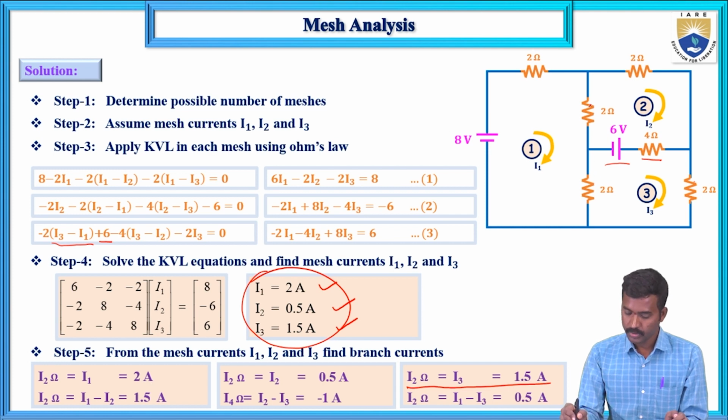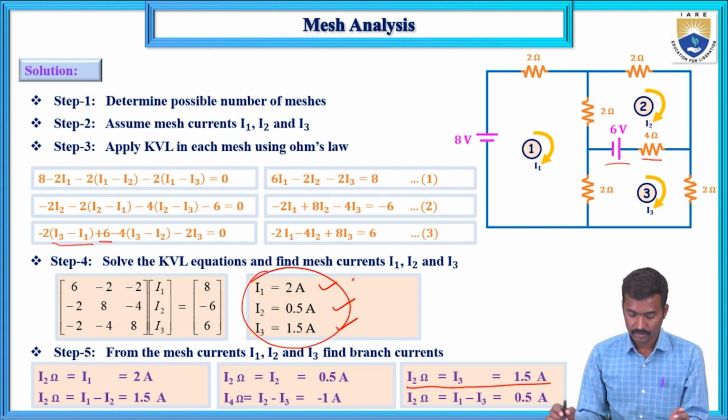Next, this 2 ohms resistor current is I1 minus I2 from top to bottom, that equals 2 minus 0.5, which is 1.5, and from bottom to top minus 1.5. Next, this 4 ohms resistor current is I2 minus I3 from right to left.